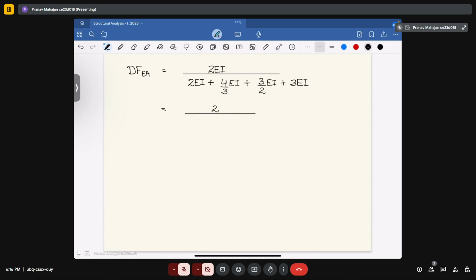So that will be equal to 6 plus 8 plus 9 plus 18 divided by 6.